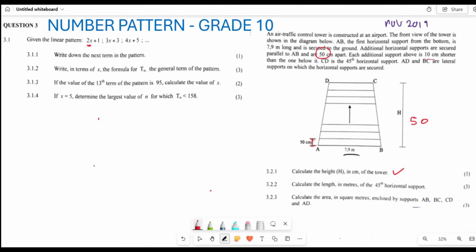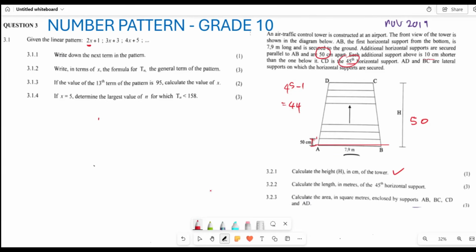The horizontal supports that you're having, they are not going to be 45, because the first one here is the one that is on the ground altogether. So you are going to start counting from here, moving upward, which is the same as 45 subtract 1 altogether. So this is the same as your 44.